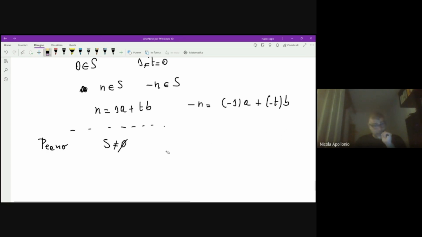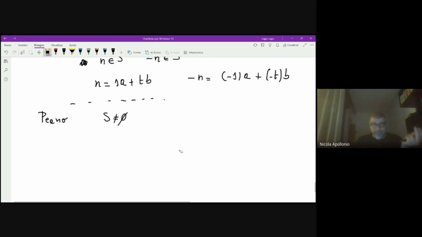There is at least one element, for instance, A or B. So S is clearly non-empty, and we can intersect S with the set of natural numbers except 0.